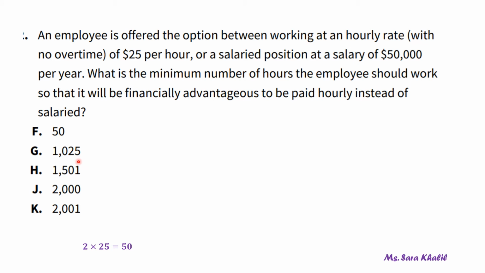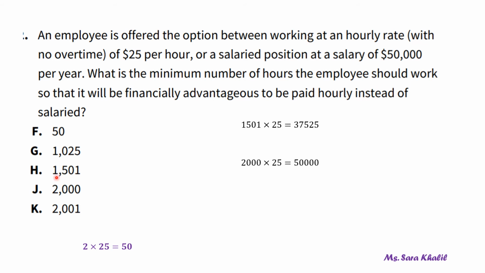Again, if you're trying to guess, always start with the middle number, especially since they are given in ascending order. Start with H and then see if you need to substitute numbers less than that or numbers more than that. Okay, so by common sense, I think 2,001 is the answer.